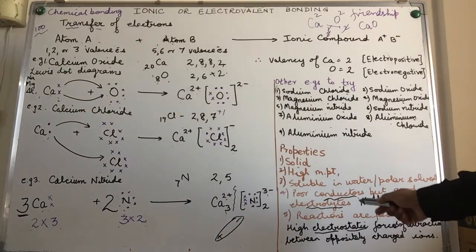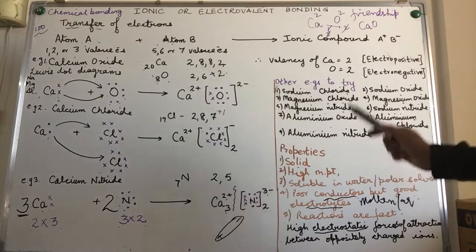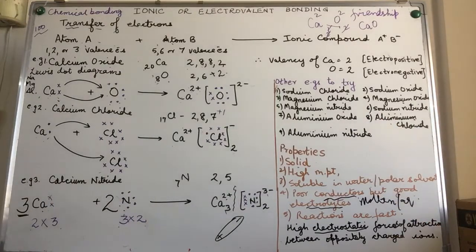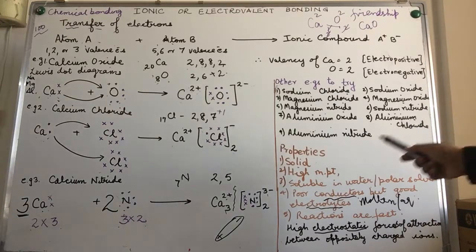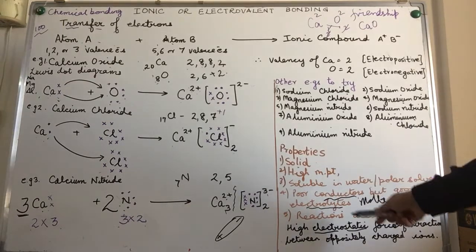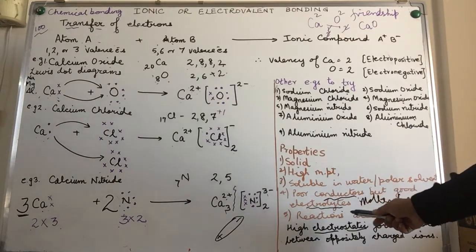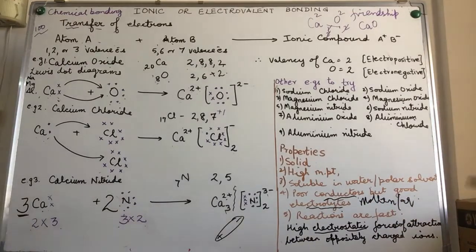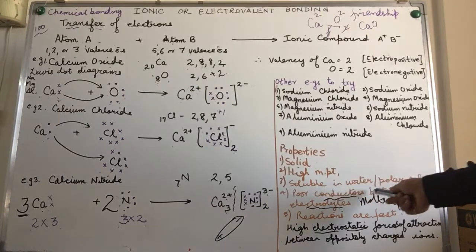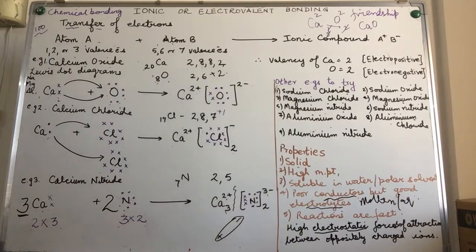So these solids, when taken in the solid form, do not allow the passage of electric current. But if I heat them to melt them, or we dissolve them in water or a polar solvent, then they will conduct electricity. That is why they are called poor conductors but good electrolytes. Usually their reactions are carried out in solution form, in aqueous form.